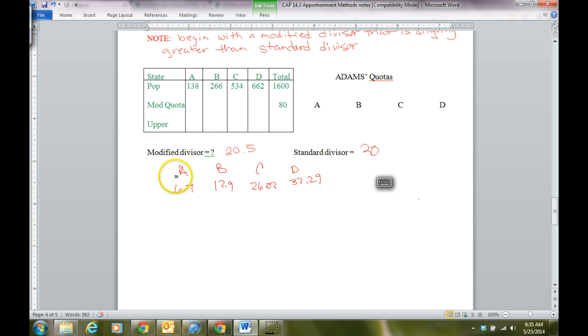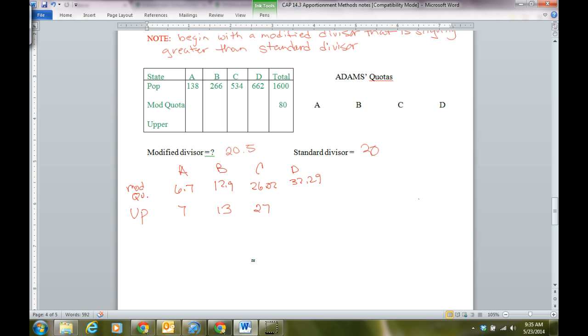Okay, so now that we have this modified quota, we are going to round them up. So 6.7 is going to become 7, 12.9 becomes 13, 26.02 still becomes 27, even though it's super close to 26, right?